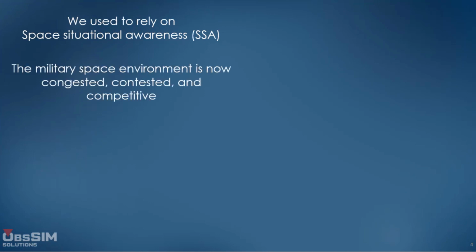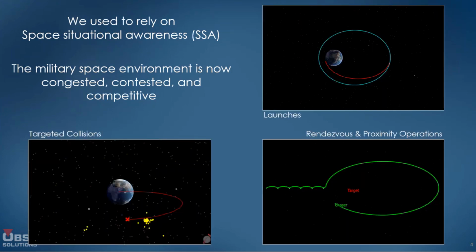The military space environment is now congested, contested and competitive. So in the past, we had to prevent accidents. Now we have to prevent adversarial, hostile actions. In the past, we'd see a launch and we would need to verify that nothing was going to get hit during the flyout or in its initial orbit, that there would be no collisions.